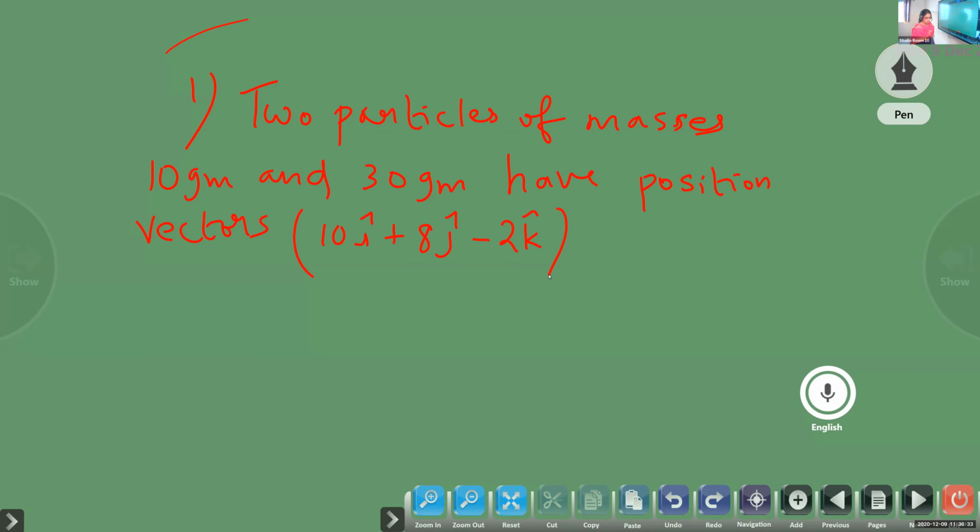And 2i plus 7j cap plus 5k cap respectively.